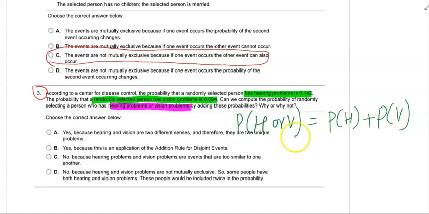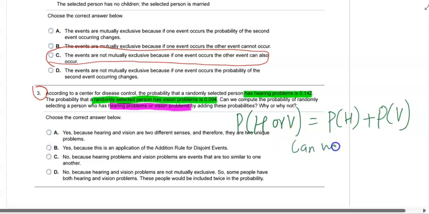Can you find the probability of H or V just by adding the probability of a hearing problem plus the probability of a vision problem? No, we cannot, because this formula we talk about in the next question is only used if these two events are mutually exclusive.